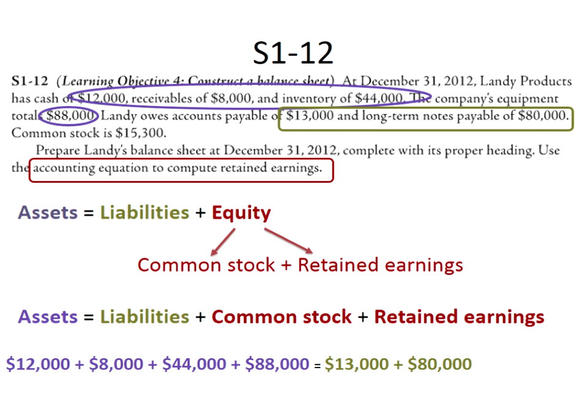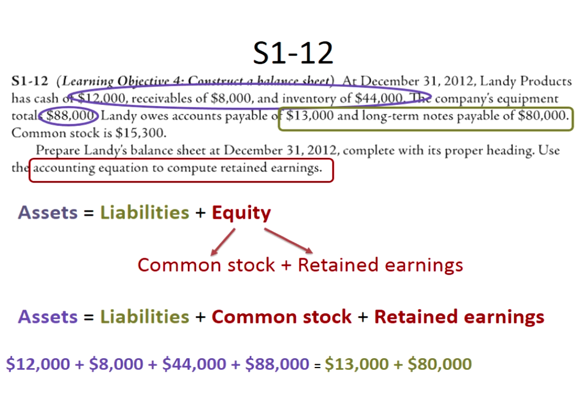Then inventory of $44,000, that's also an asset. And then the equipment totals $88,000, that's also an asset. So the first four numbers in purple all represent assets.